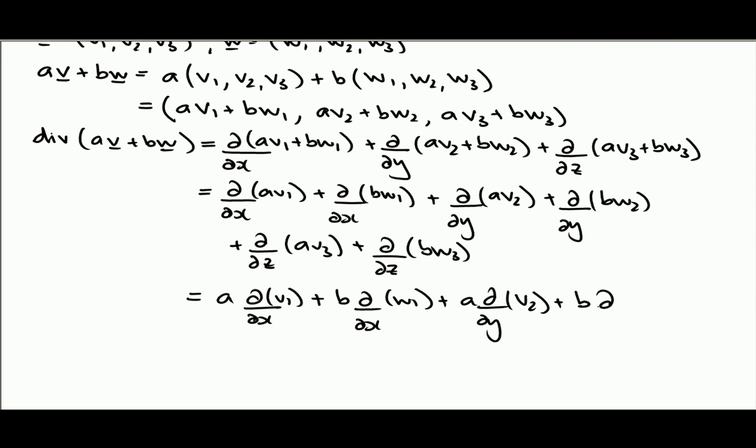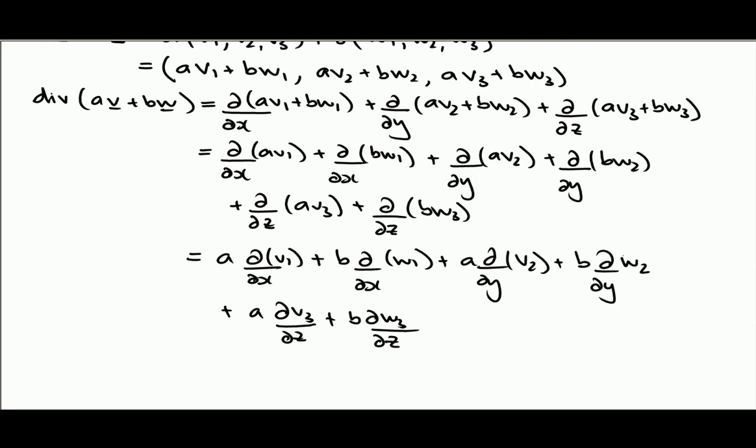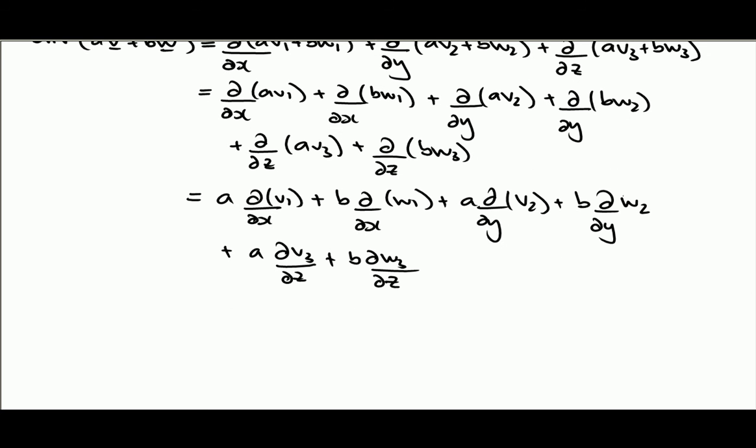When we get to the end, we'll be able to again collect like terms and try and simplify what we have, and hopefully get the result that we want. So that's given us this. Now we can collect together all the terms that involve an a. So we have that term, and that term.